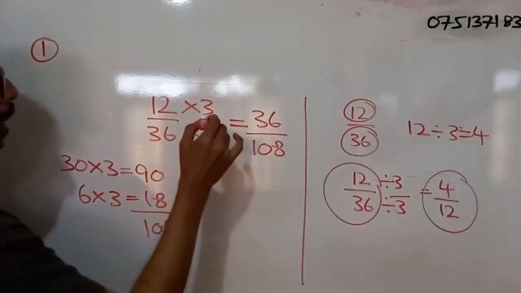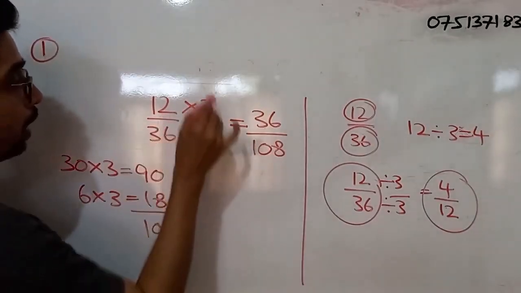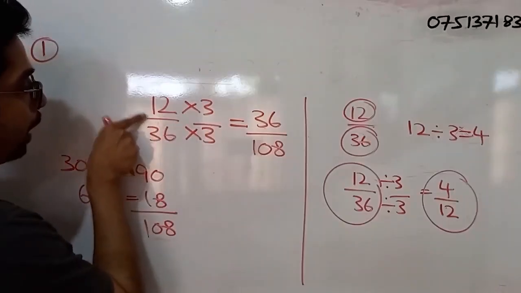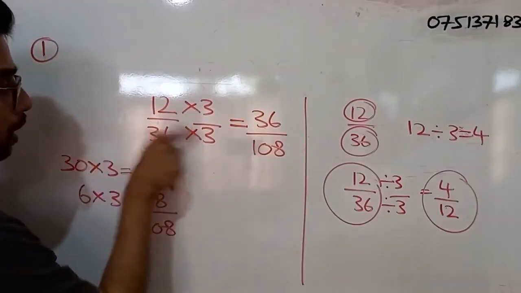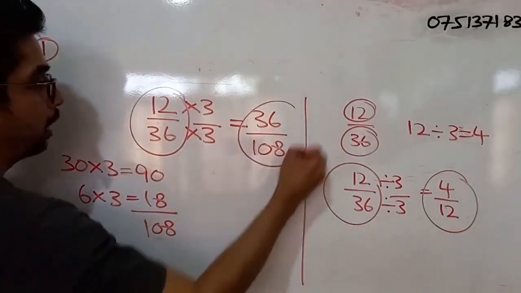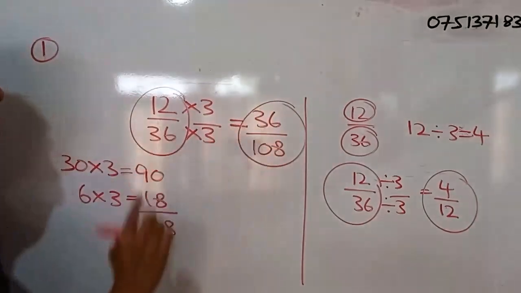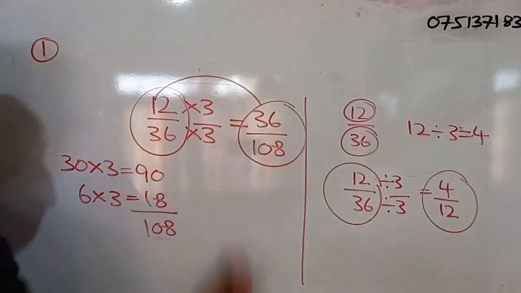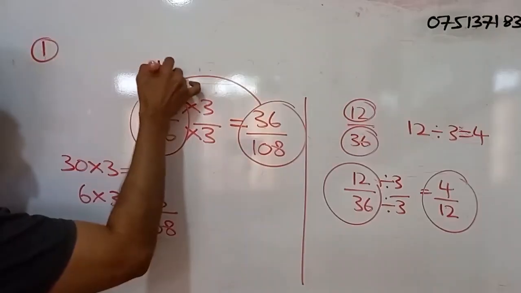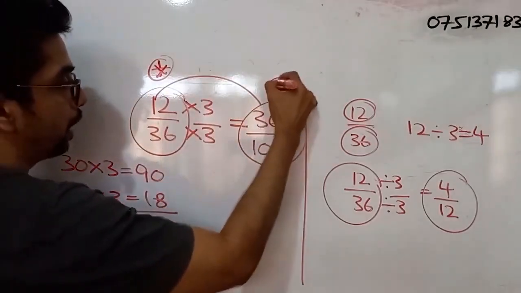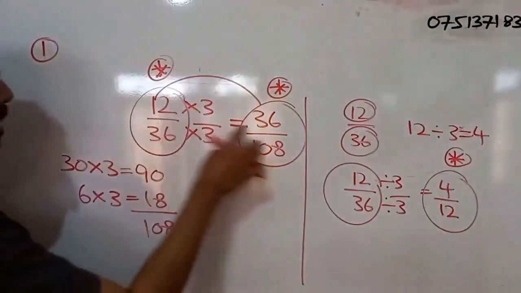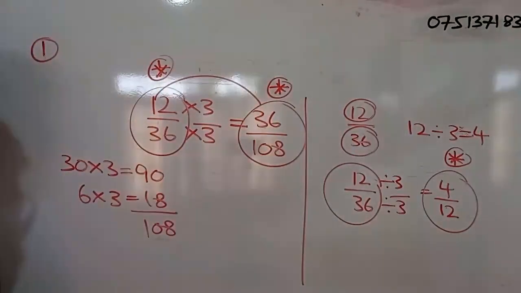There we use the multiplication method. So 12 by 36 and 36 by 108 are equivalent fractions. And also 12 by 36, 36 by 108 and 4 by 12, these three are equivalent fractions.